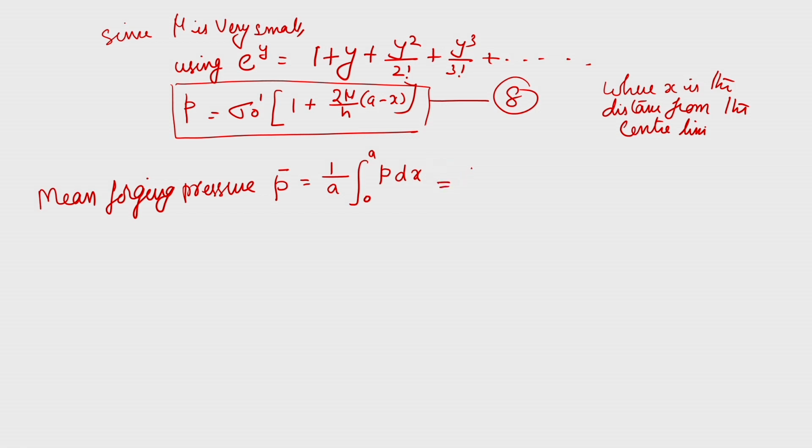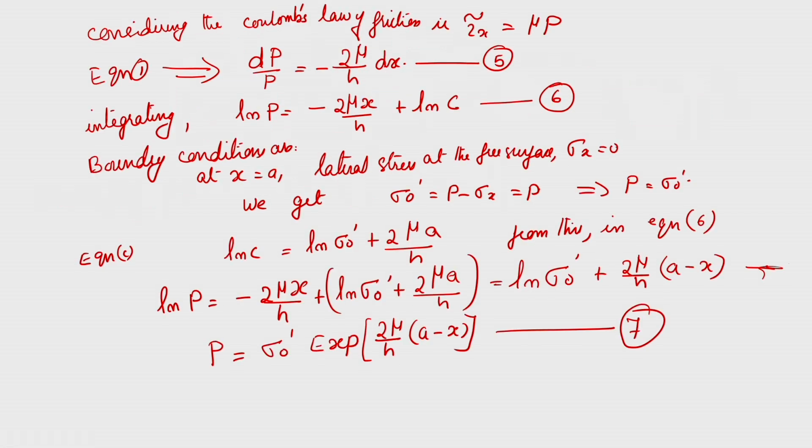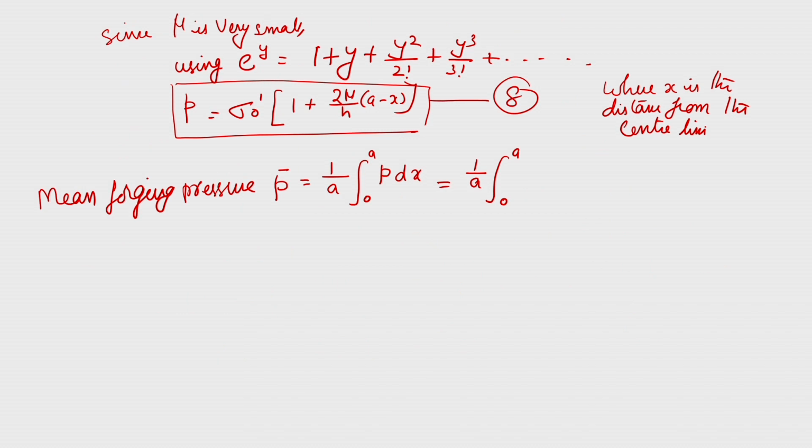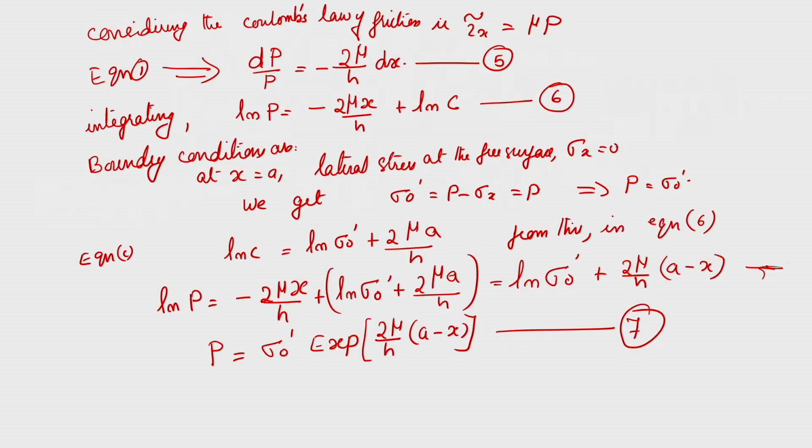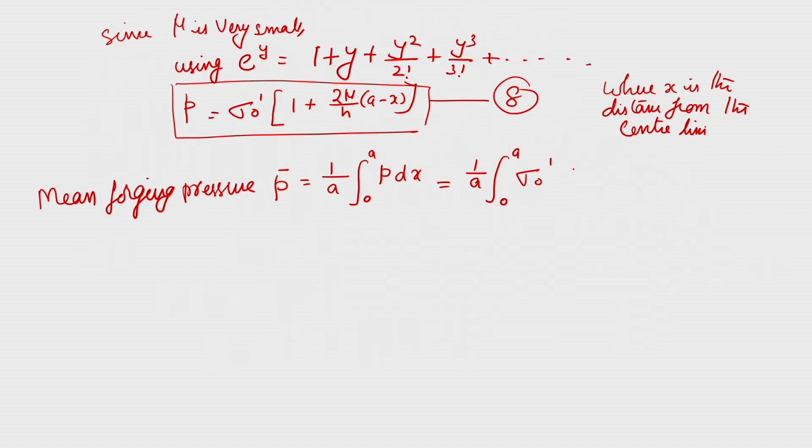If you just write the expansion form, 1 by a into integral from 0 to a, using the equation 7, you will find that it is sigma naught dash into e raised to 2 mu by h into a minus x dx.